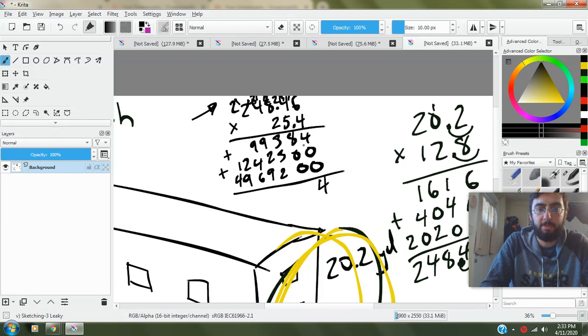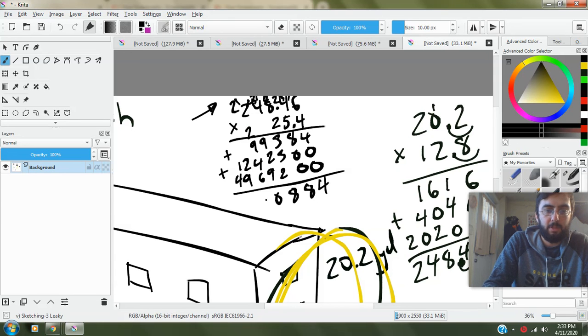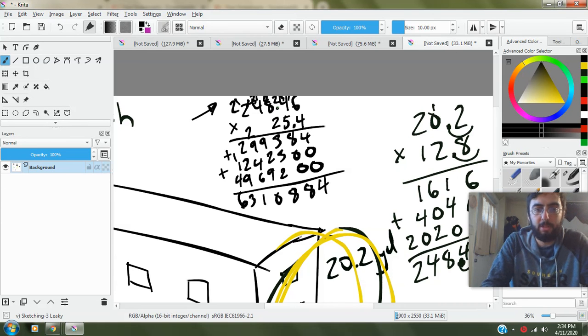Still ignoring the decimals. So 4, 8, 8, 18, 20, 11, 4, 15, 21, 9, 13, 6, 3. All right, so we have this nice big number. So now we'll move the decimal over 1, 2 spots and 1 spot or places, and so that's a total of 3.